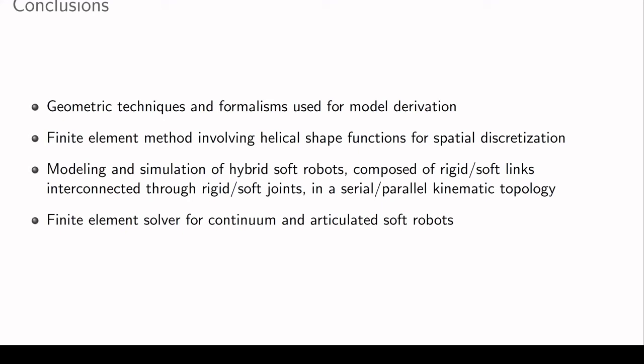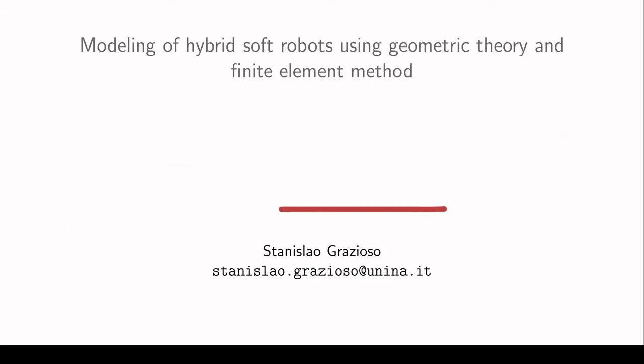And this framework can be used for modeling and simulation of what we have called hybrid soft robots. And we have packaged these models in a finite element solver. So I thank you for your attention.